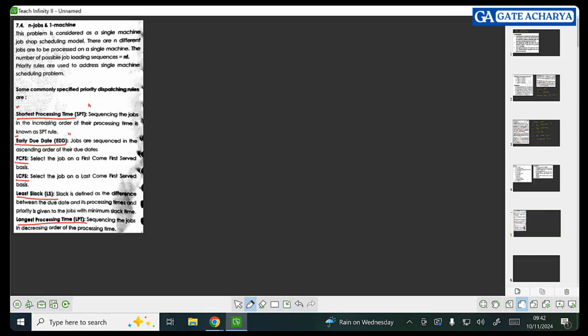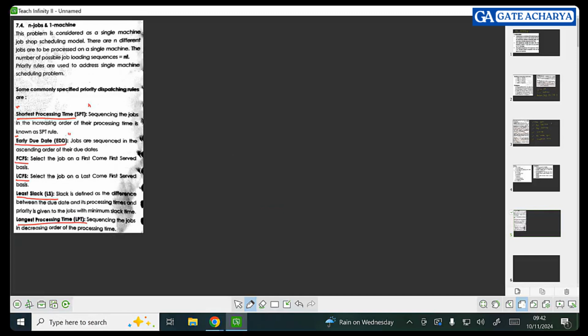These are the methods we use for solving the problem of n jobs, one machine: SPT rule, EDD rule, first come first serve, last come first serve, least slack value, and longest processing time, LPT. These are the techniques which we use for solving the job sequencing models.